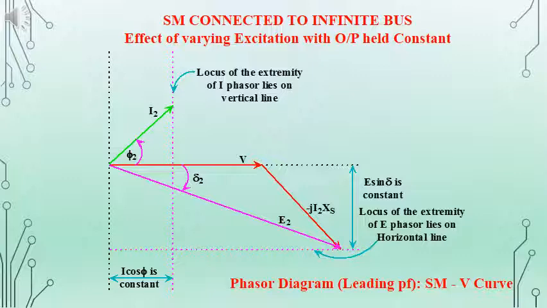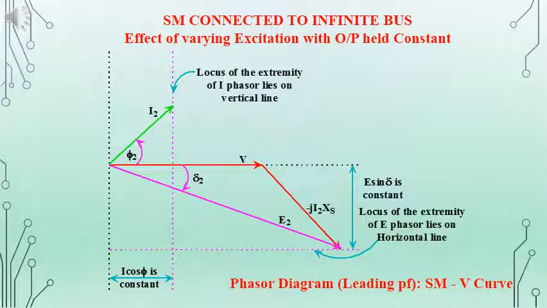Comparing with the previous case, E2 sin delta 2 is equal to E sin delta and is equal to E1 sin delta 1. That implies the power output in this case also remains the same as that of the previous two cases.